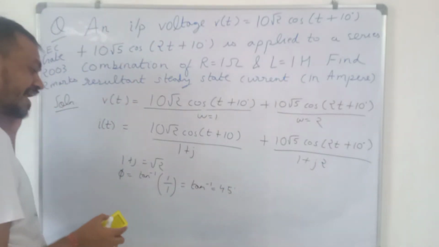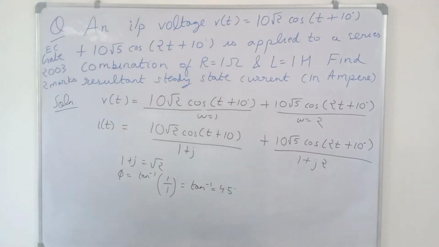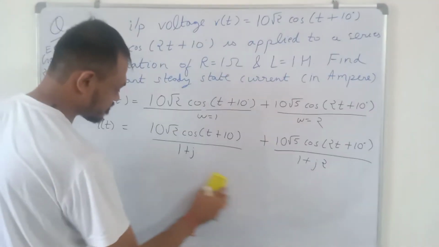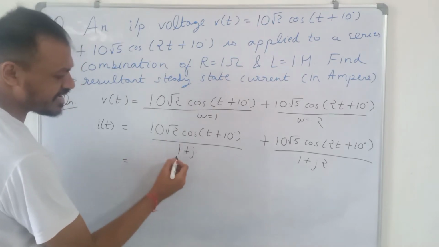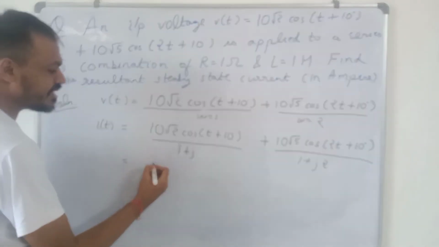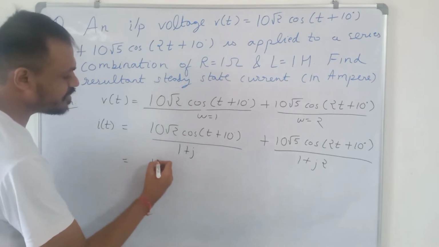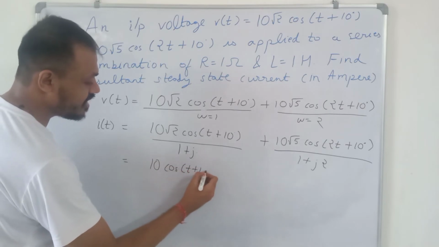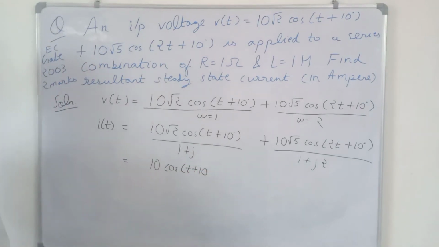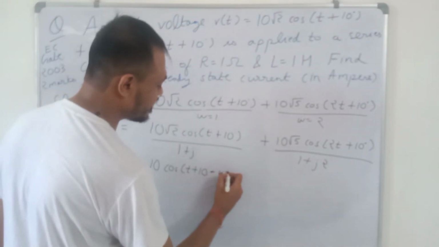So magnitude is under root 2 and angle is 45 degree. Magnitude is under root 2 in the denominator, so root 2 and root 2 will cancel, so it will be 10 cos of t plus 10, and angle is 45 in the denominator, so when it goes in the numerator it gets subtracted, so minus 45.